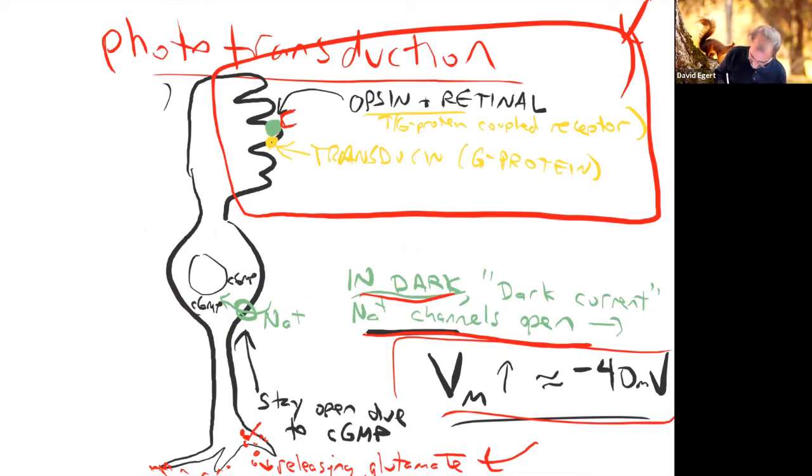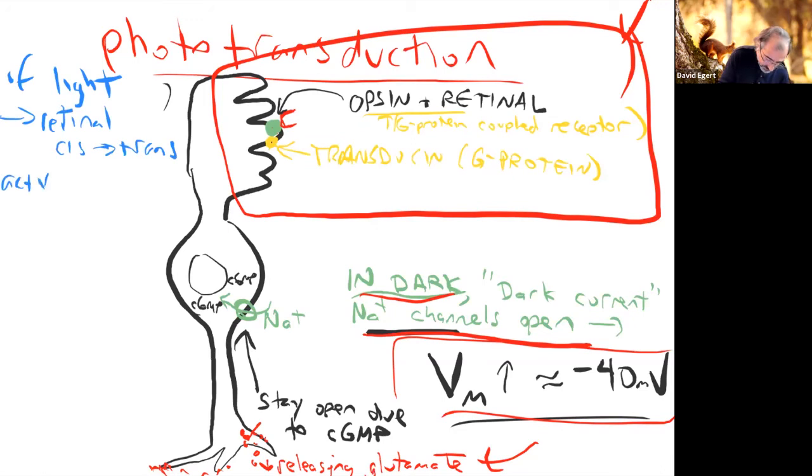So now when light comes in, retinal goes from cis to trans, activates the opsin, which turns on the G protein.